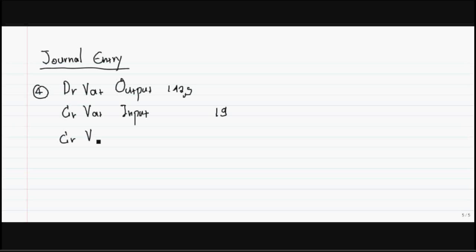And of course we're going to record this in our QuickBooks. QuickBooks has a special button for this. It's called File VAT.